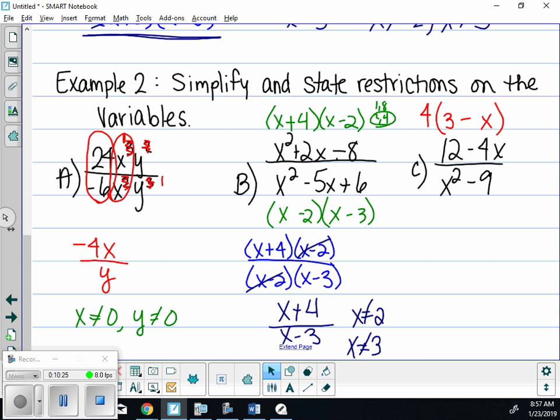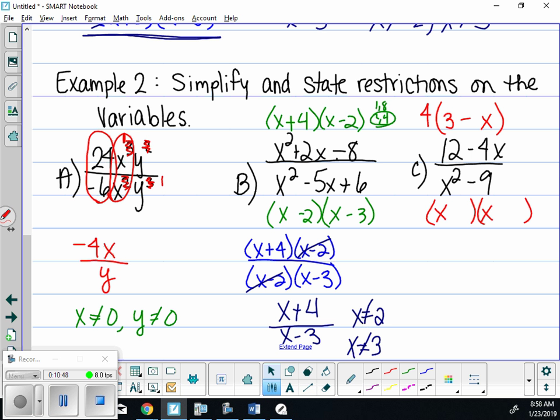What's the bottom going to factor into? So we have an x and an x, two numbers that multiply to -9 and add to 0x, right?